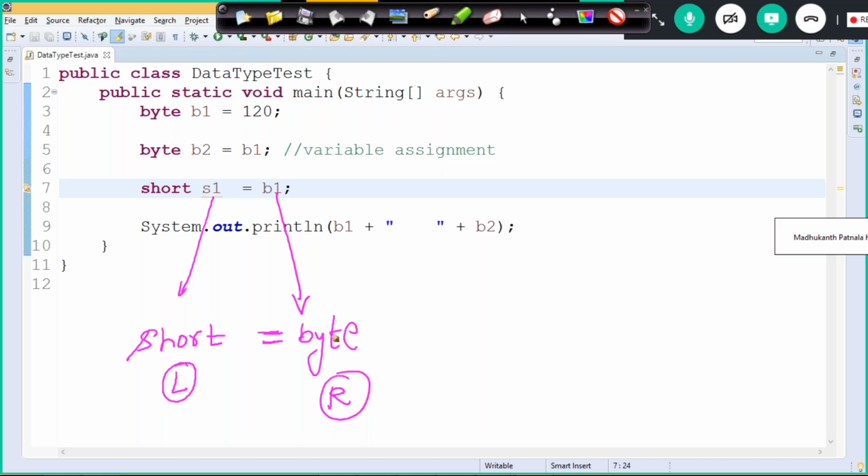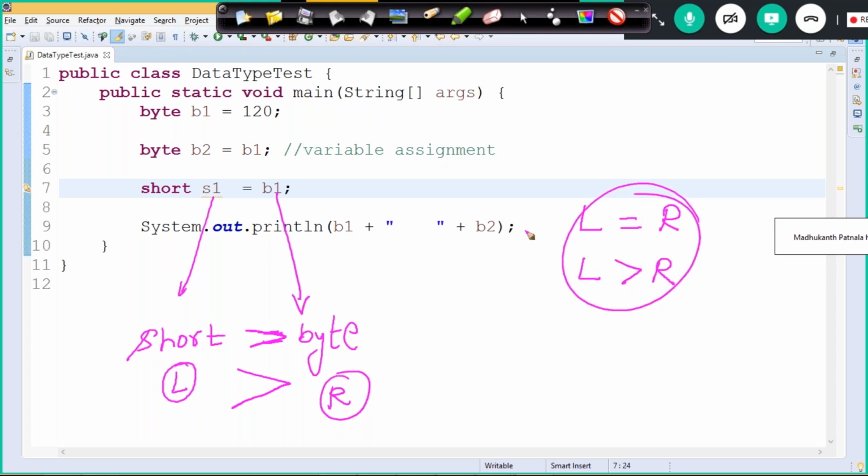Short is bigger than byte. So it works. The rule says that the left side should be the same as the right side, or the left side should be bigger than the right side. So as per the rule, S1 is short, and short is bigger than B1, nothing but byte. So it works. Left side is bigger than right side.